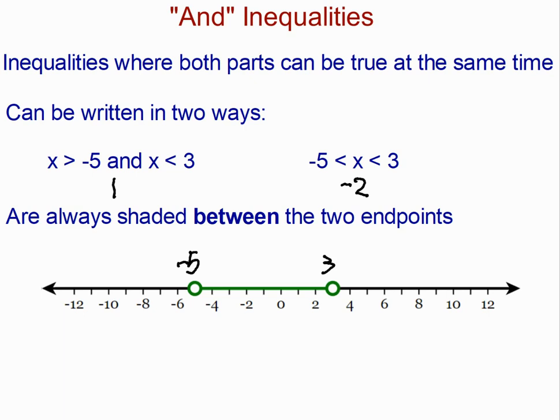Here's 3. X has to be numbers that are bigger than -5, so -4, -3, -2, 0, and so on. X is smaller than 3, so here's 3. I want numbers that are smaller than 3, like 2, 1, 0, and so on. So we're just shading that space in between them. So those are and inequalities.